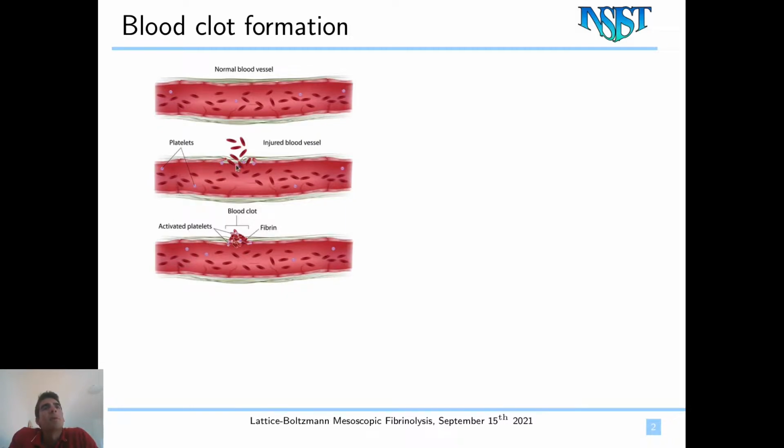Platelets that are present in the blood plasma bind together and activate, and they will bind also fibrinogen that will convert into fibrin and that will hold everything together, with also the addition of trapped red blood cells that are in the area. So we are happy that this happens. Otherwise, if you had a very small injury, you could have a hemorrhage almost all the time.